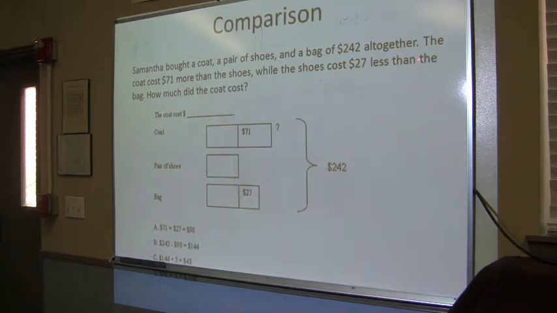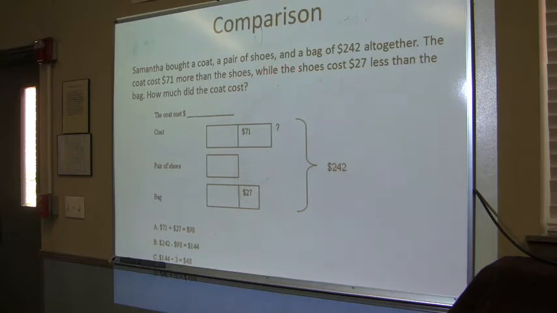I go to my next sentence: the coat cost $71 more than the shoes. So here's the shoes, here's my coat. I have to add something on here which shows that this coat is $71 more.